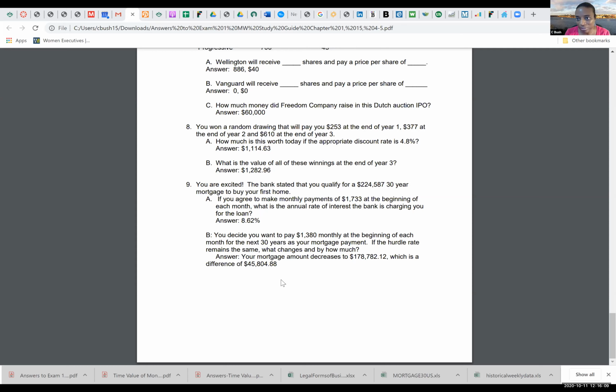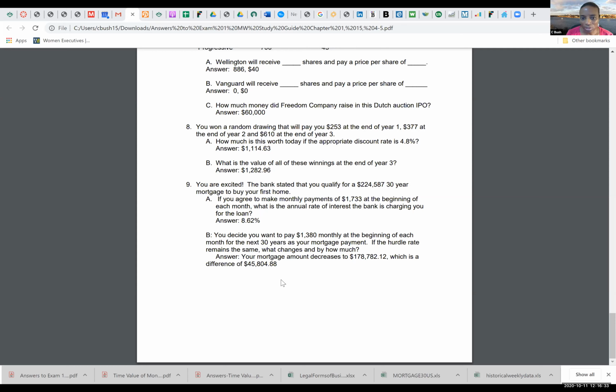So if this said that there was going to be a down payment, we would subtract that. But in this case, it doesn't mention anything about down payment. So in my calculator, I'm going to input $224,587 as present value. Okay, so go ahead and put that in your calculator as present value.